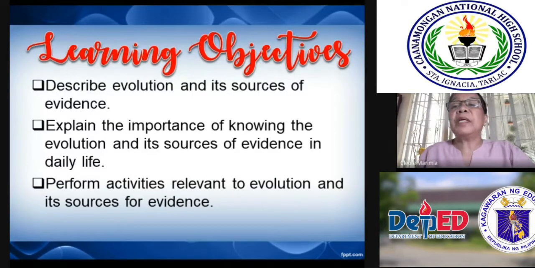These are the learning objectives. Describe evolution and its sources of evidence. Explain the importance of knowing evolution and its sources of evidence in daily life. And perform activities relevant to evolution and its sources of evidence.